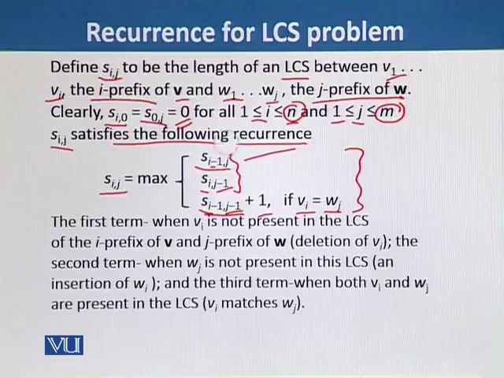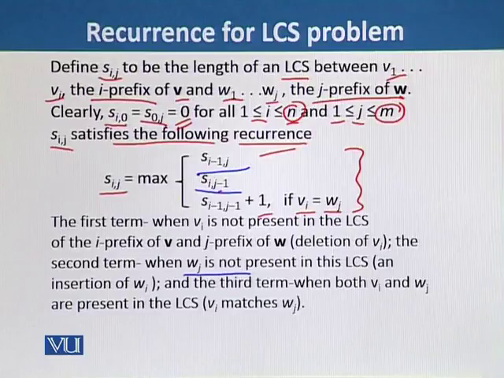The first term represents when Vi is not present in the longest common subsequence of the i prefix of V and the j prefix of W. That is, if it is not present in V, it means there is a deletion of one letter in the V string. The second equation denotes that when Wj is not present in the longest common subsequence, it means there is an insertion within the W string.